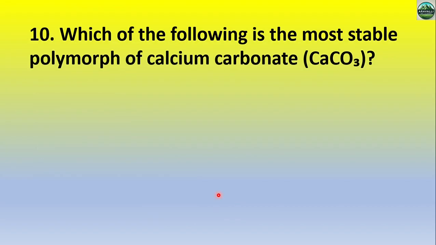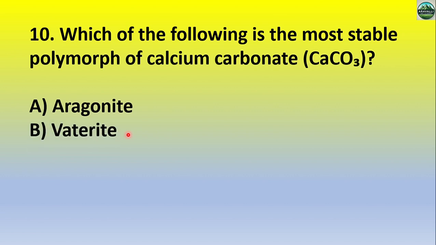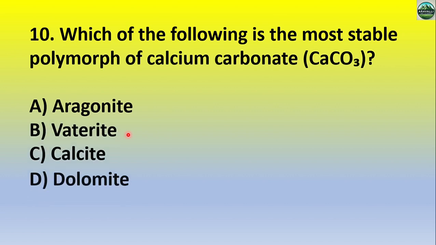Next, which of the following is the most stable polymorph of calcium carbonate? Aragonite, vaterite, calcite and dolomite. So the stable polymorph of calcium carbonate is calcite. This is a very important question for the NET exam.